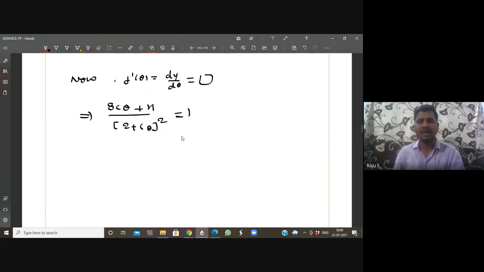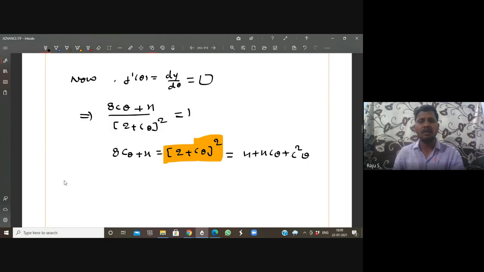Now you have to cross multiply. So 8 cos theta plus 4 is equal to 2 plus cos theta the whole square. Now square it: 4 plus 4 cos theta plus cos square theta, using the a plus b whole square formula, a square plus 2ab plus b square.